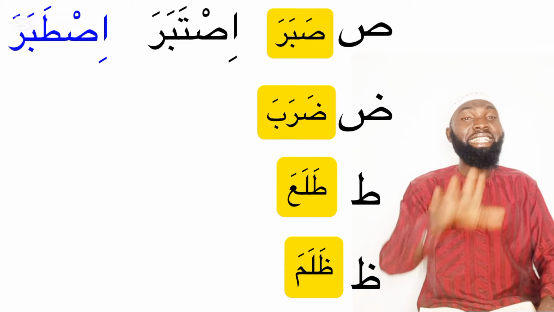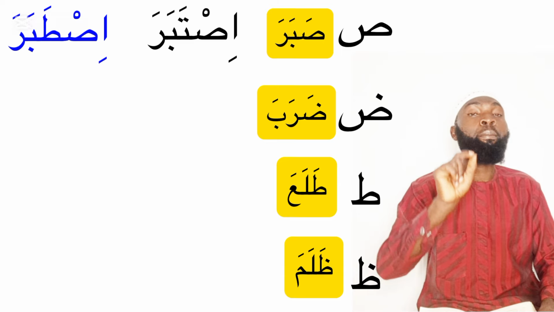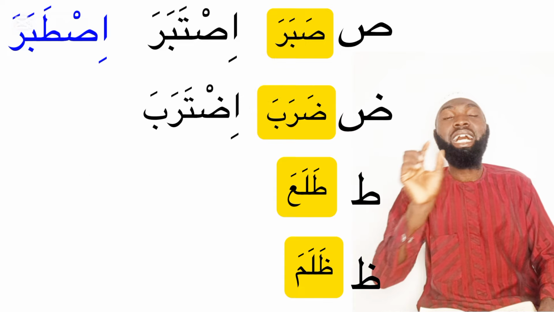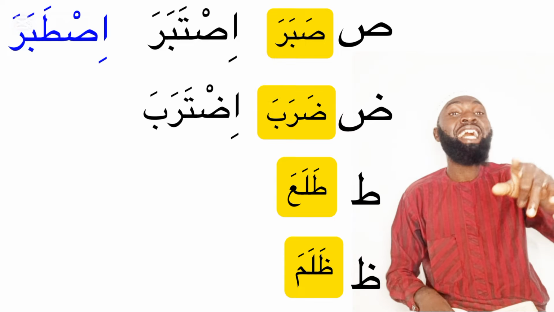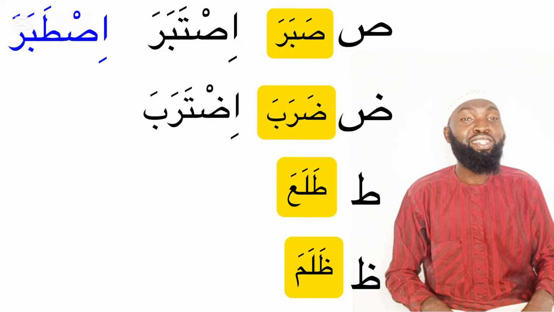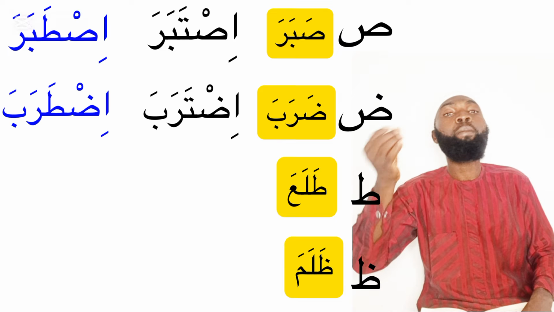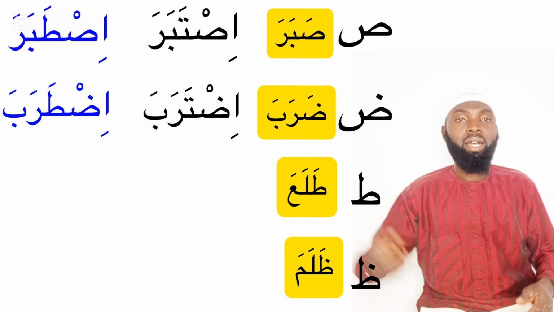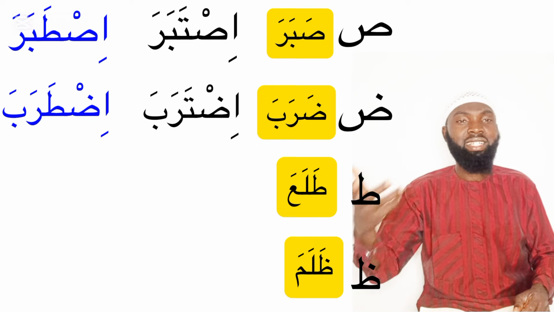Then for the example of the word daraba, originally it will be idtaraba. But the ta there will be changed also. So it becomes iddaraba, to be compelled. Do you understand?